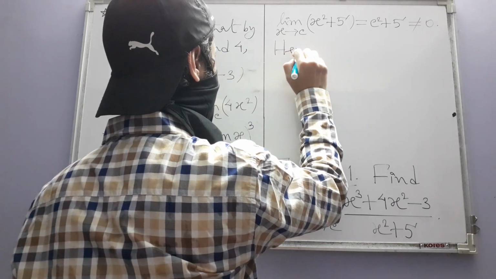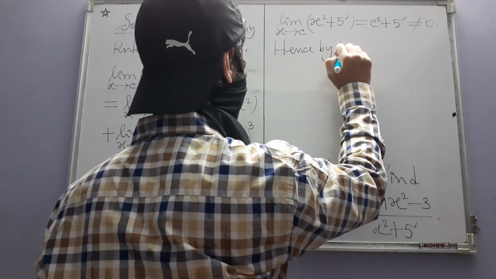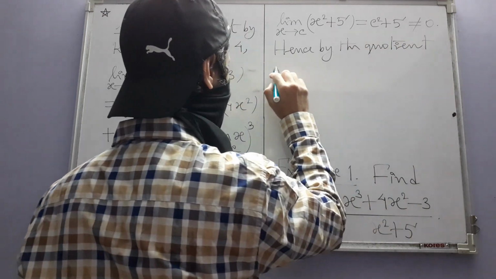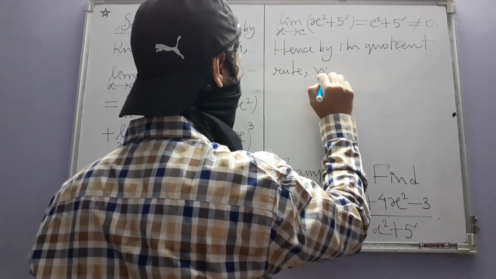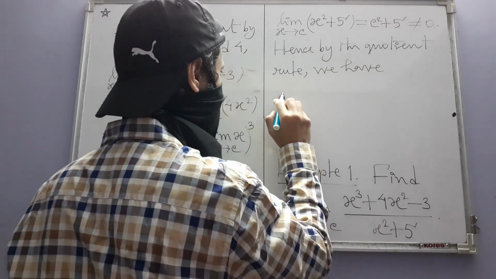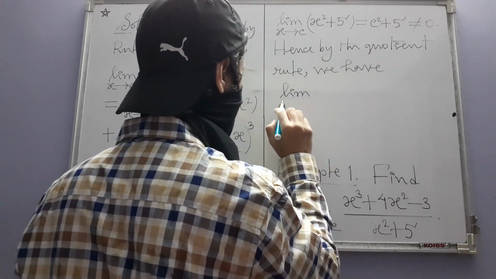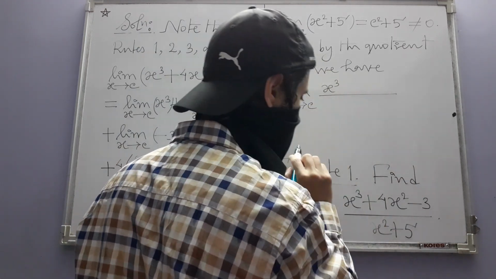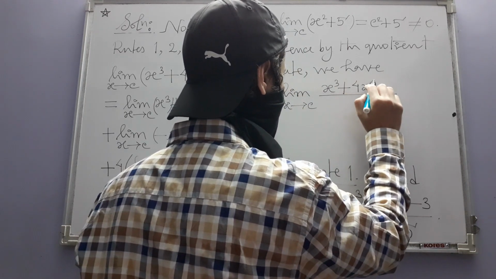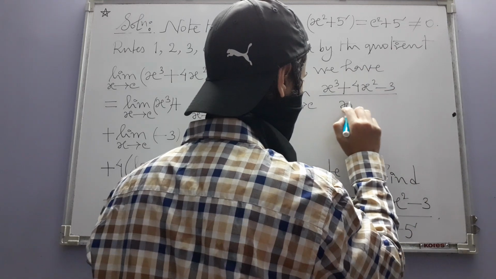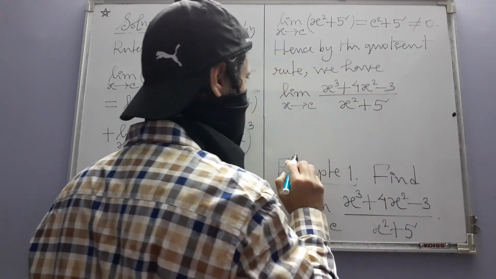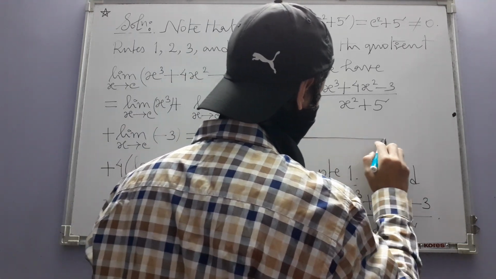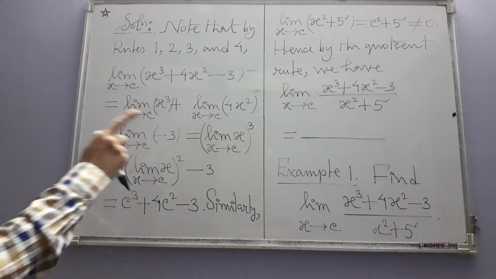Hence, by the quotient rule, we have this equal to L divided by M. L is this and M is that.